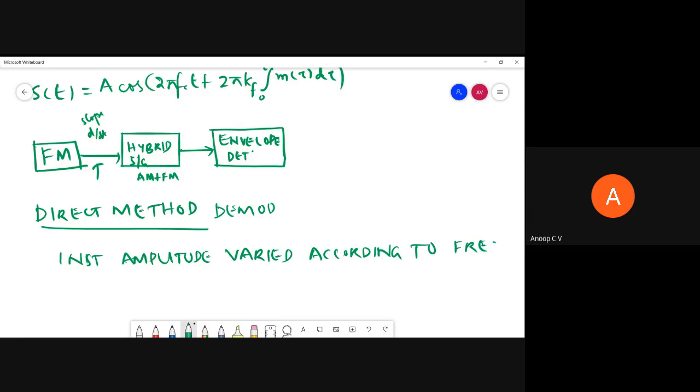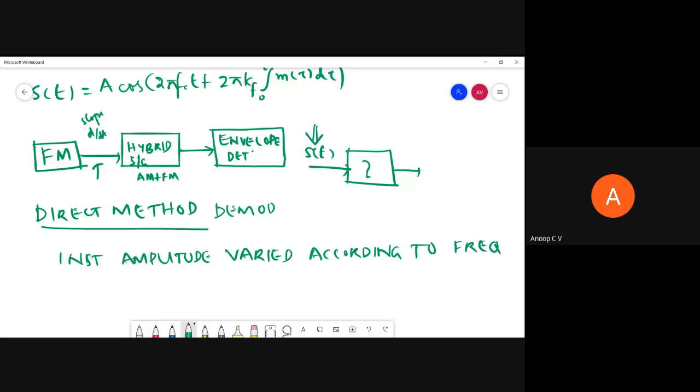You are in fact going to design some system. If you give some signal s of t here, according to the change in frequency of this s of t, there should be a change in amplitude. The output should reflect the change in frequency at the input as a change in amplitude.